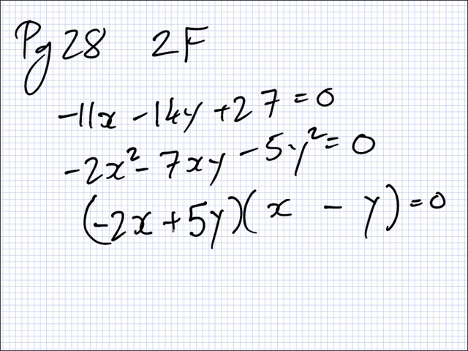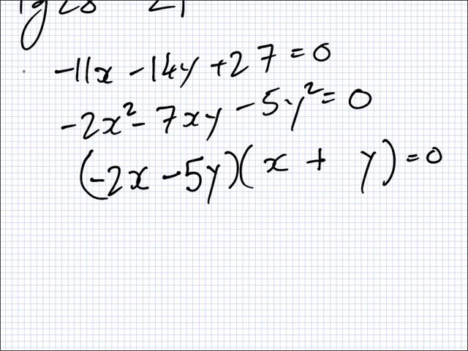Minus 2x squared, minus 5y squared, no, that's not quite right. I think the signs are wrong. Minus, plus maybe? Yeah, that works. I factorized it. Now, I'm keeping the first factor the same, but the second one I'm changing into this.